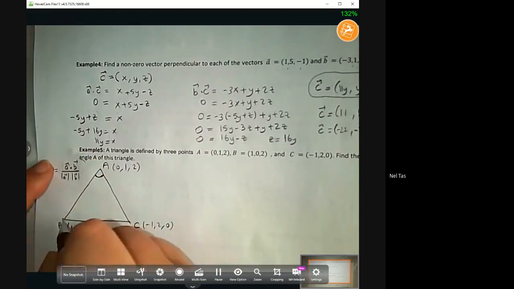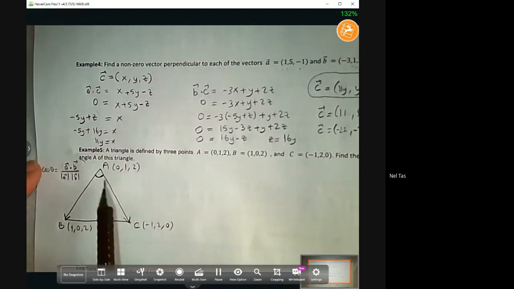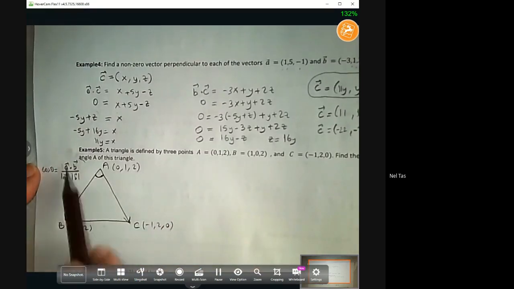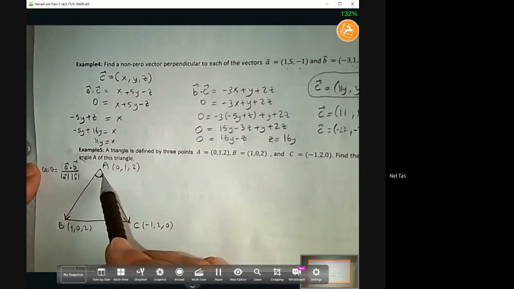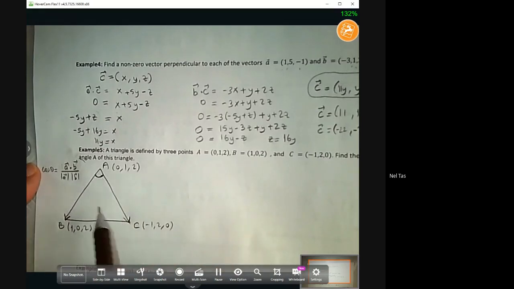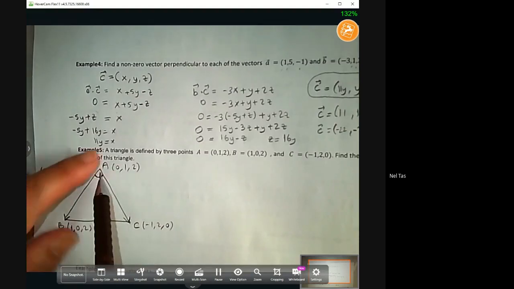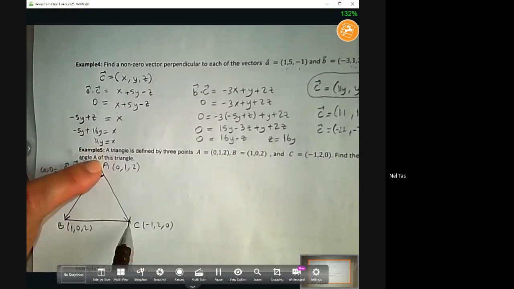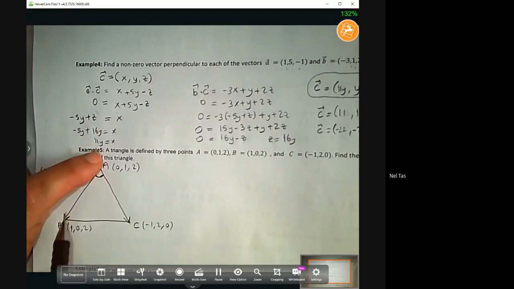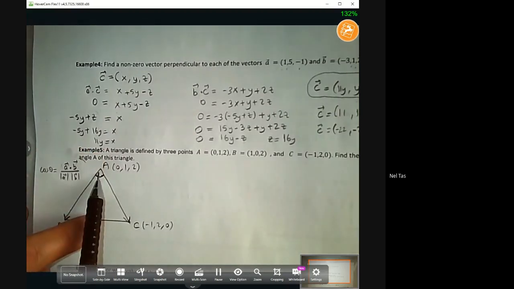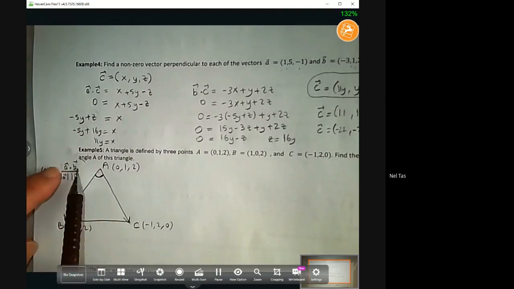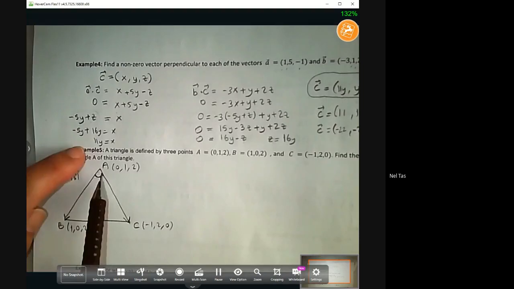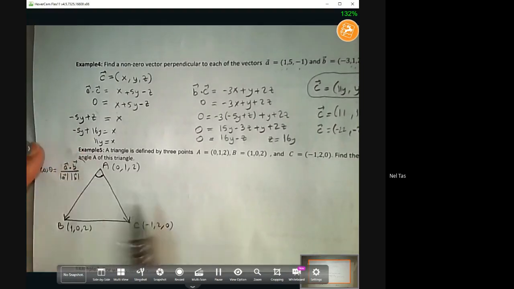Okay, so the AB vector and the AC vector, and then use this formula to find out what angle A is. When you're doing this question though, make sure you take the vectors when they are tail to tail. Okay, so again I'm taking the AB vector and the AC vector. So do not take the AB vector and the CA vector because you're not going to get the same results. Make sure when you're taking those vectors that you want to do dot product with, they are tail to tail. Okay, that's important.